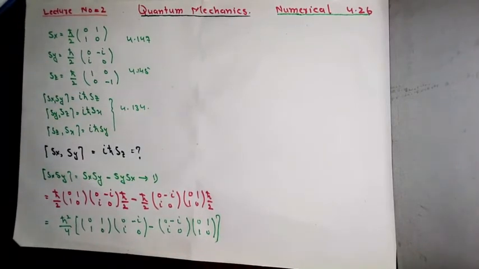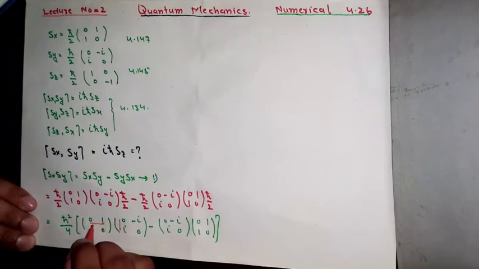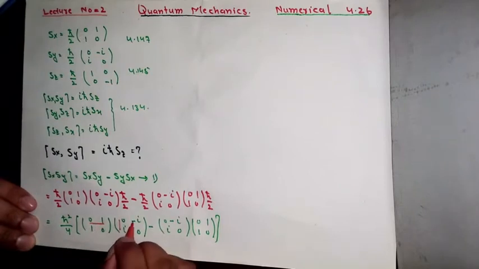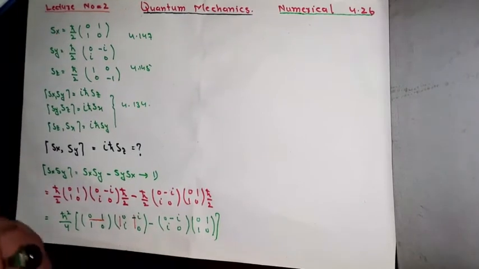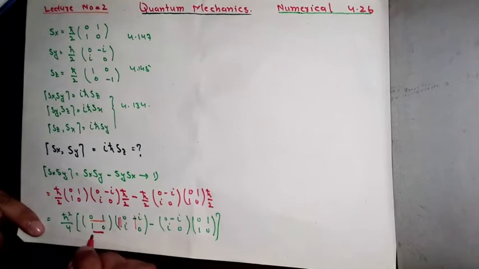Now we multiply the first row with the first column and then the first row with the second column. This is matrix multiplication, you better know this: first row with the first column, then first row with the second column, then second row with the first column and second row with the second column.